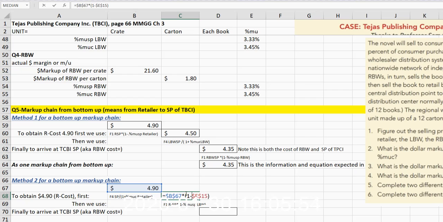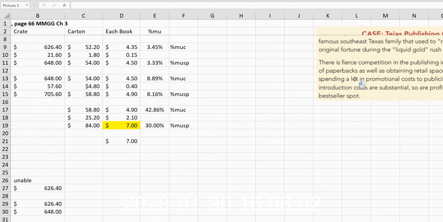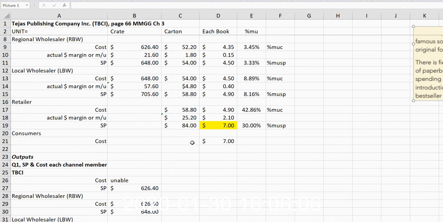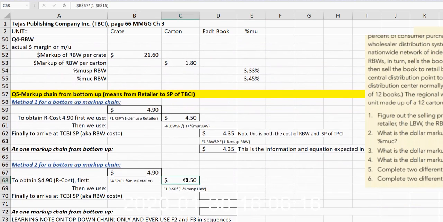Okay, so let's look at what that number is. That percent markup on sales price is E15. I'm going to slide up here and look at it. E15 is that 816. Okay, very good. So we're in great shape.